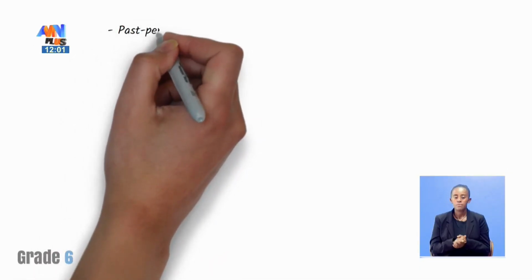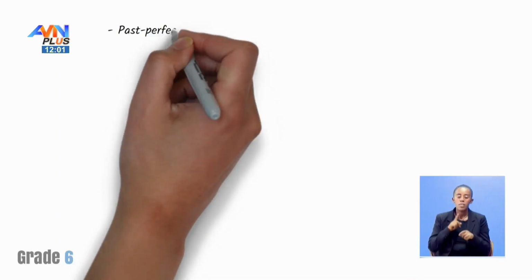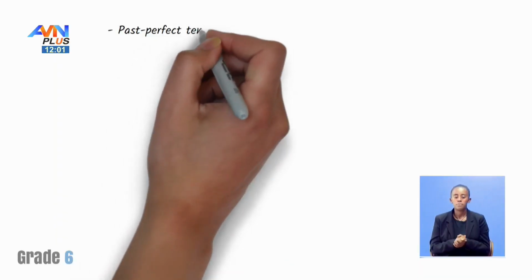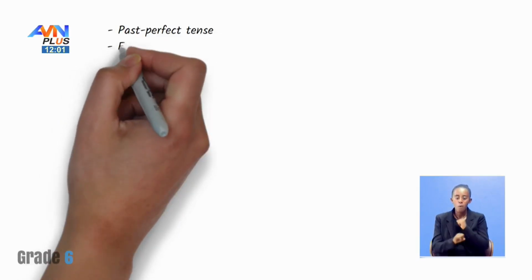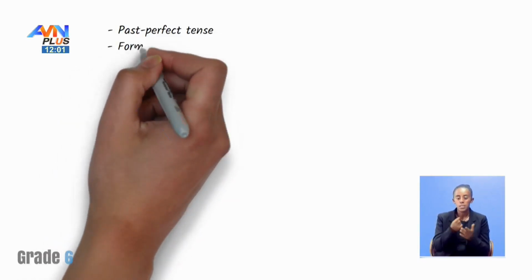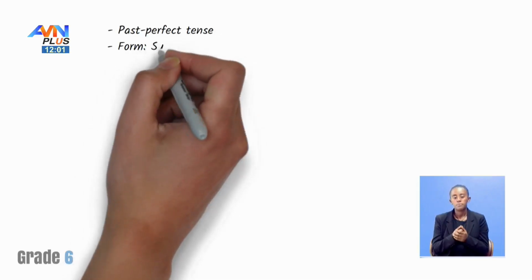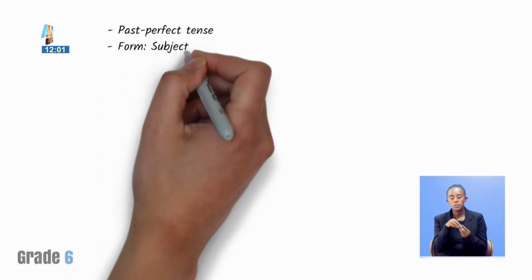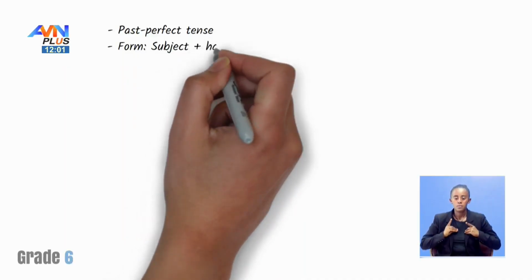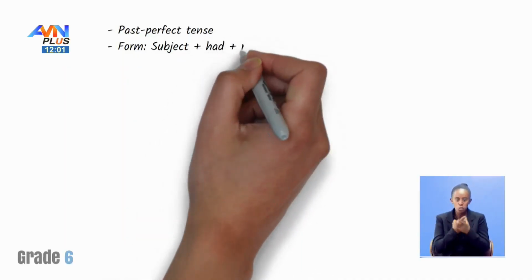Past perfect tense. Form. Subject plus had. Had is used for both plural and singular subject.